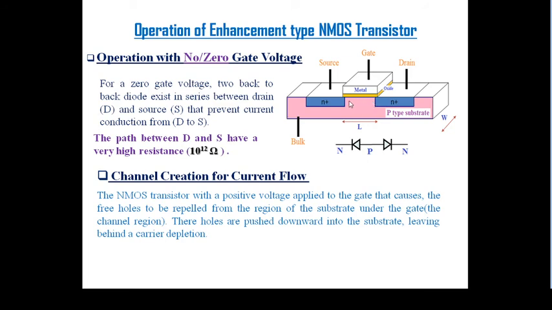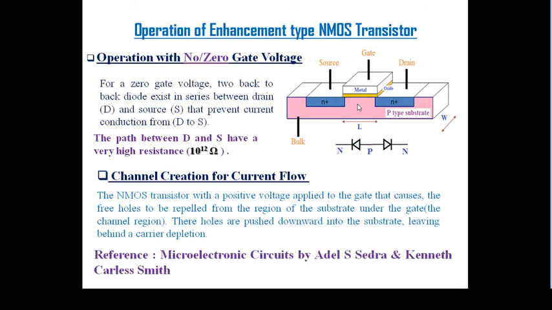So this positive gate voltage will first push the holes from this region, and after that it attracts the electrons from the substrate region. So this will cause some depletion region. Okay, next figure I will tell you.